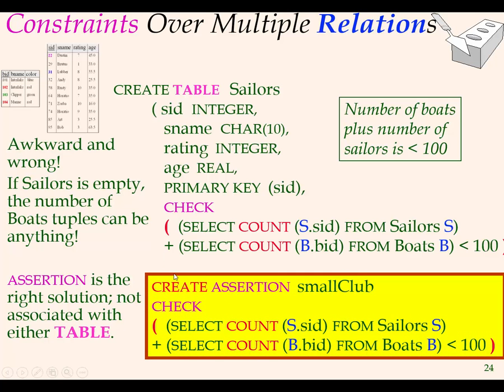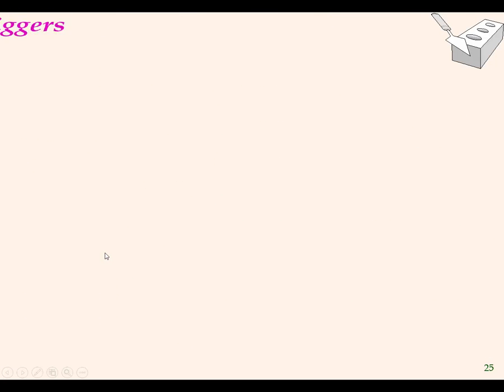Again, this is not supported, but SQL provides what's called an assertion. So you give a small club, and you take this check, and you make sure the select count from sailors plus select count from boats is less than 100. Again, that will not be working on all the DBMSs.